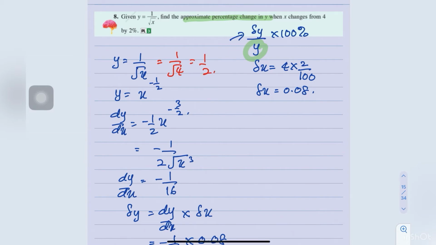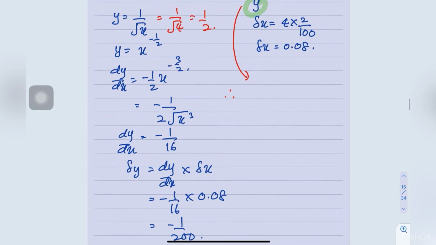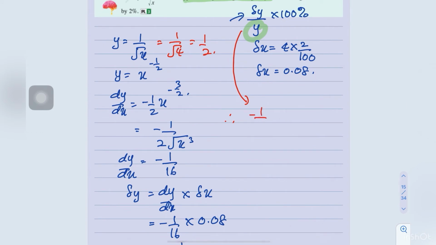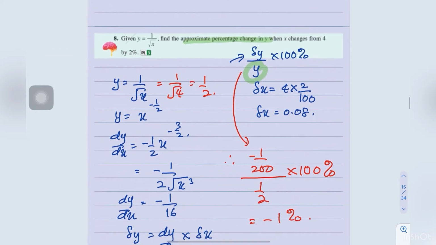So delta y over y is negative 1 over 200 over 1 over 2, times 100%, which equals negative 1%. So the approximate percentage change in y is negative 1%.